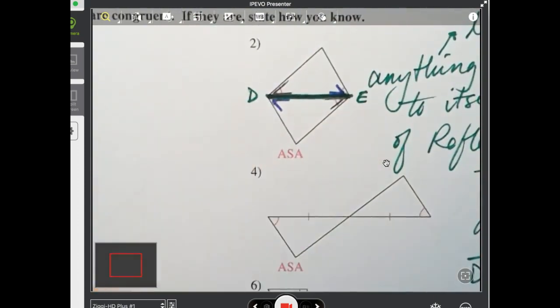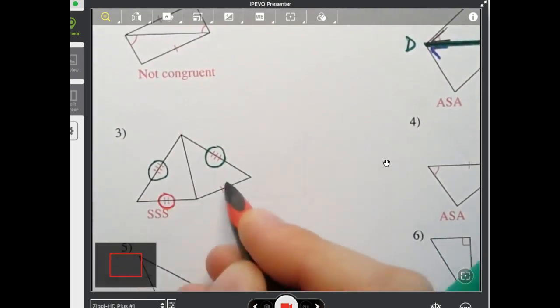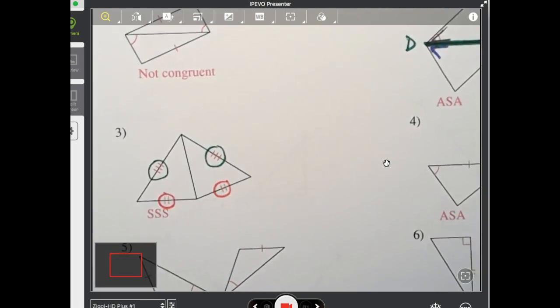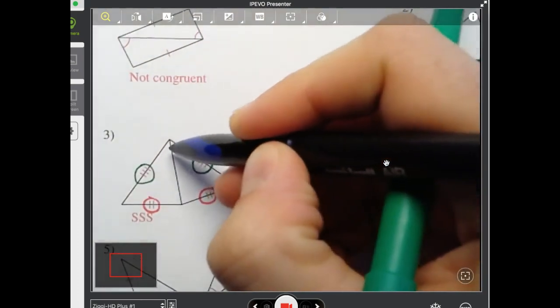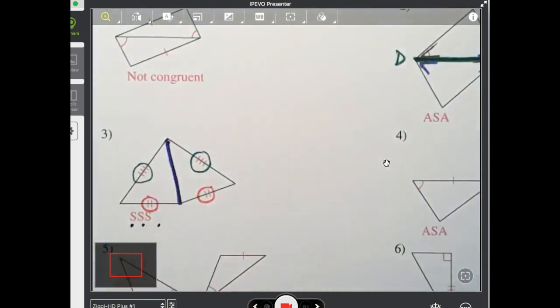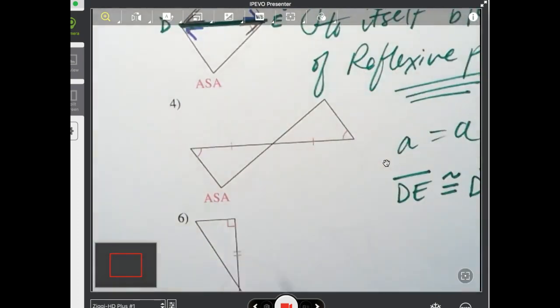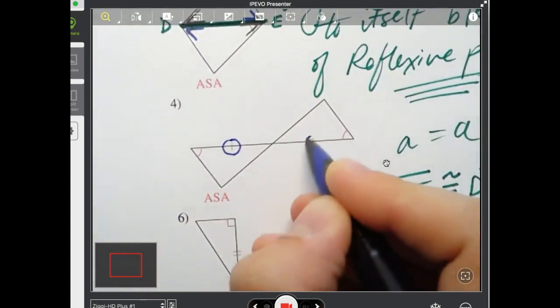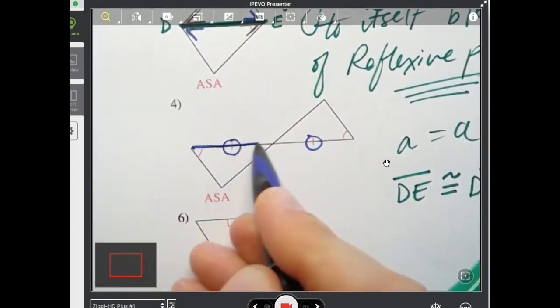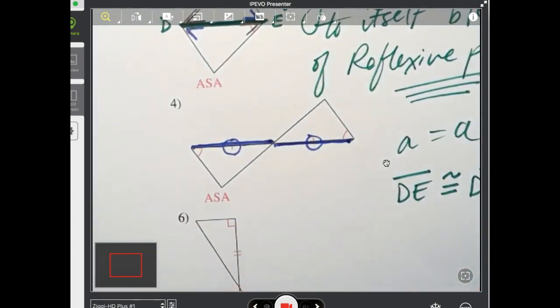Same thing here. Notice here we've got this side and this side. We've got this side and this side. And then notice what we have. We have this third side is congruent to itself. And so we indeed have S, S, S. Okay? Here we have this side is congruent to this side. And again, when I'm saying this, I'm talking about this length right here and this length in this triangle. Those are congruent.